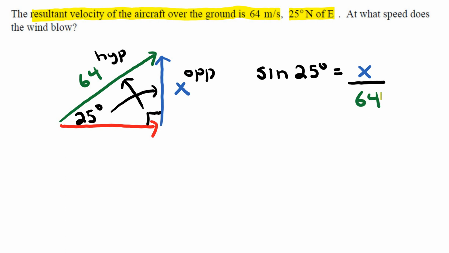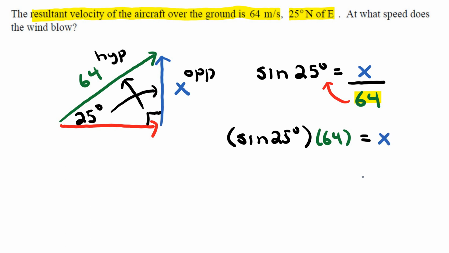Since the 64 is on the denominator, you just multiply sine 25 degrees by 64 to isolate the x variable. That looks like sine of 25 degrees in brackets, multiplied by 64, and that equals the value of x.